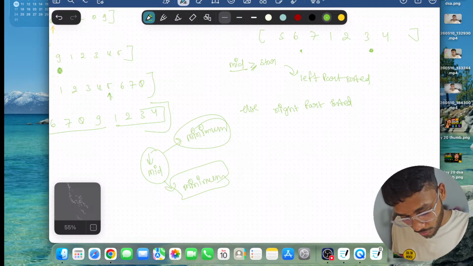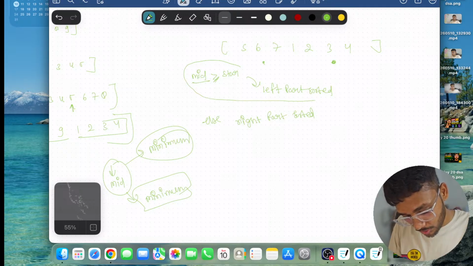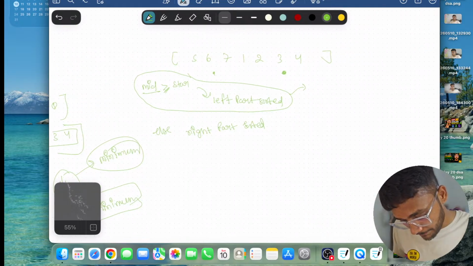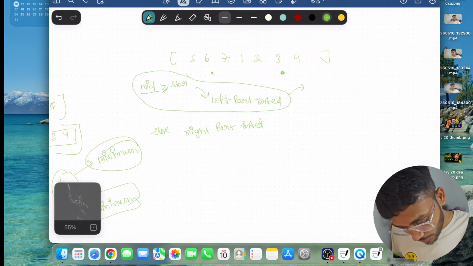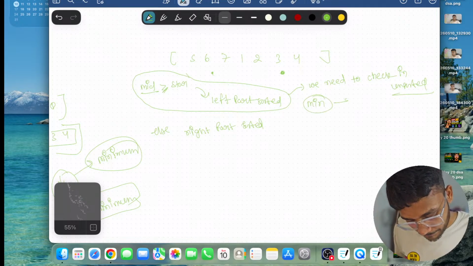Else the right part is sorted. So if the left part is sorted, then that means this number is not the smaller one. So we need to check in the unsorted part, because we know that in the sorted part the minimum value will be array of start.